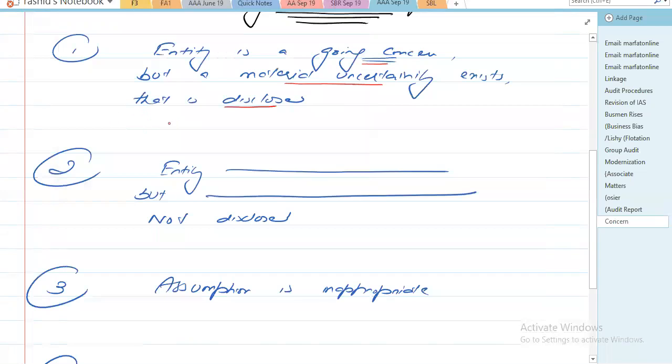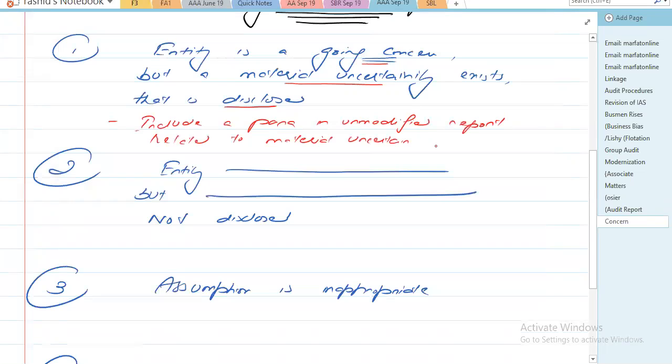So what we're going to do is include a paragraph in the unmodified report related to material uncertainty. In the unmodified audit report, we will explain that currently they're fine, they're a going concern, but the material uncertainty exists, and that is disclosed as well.